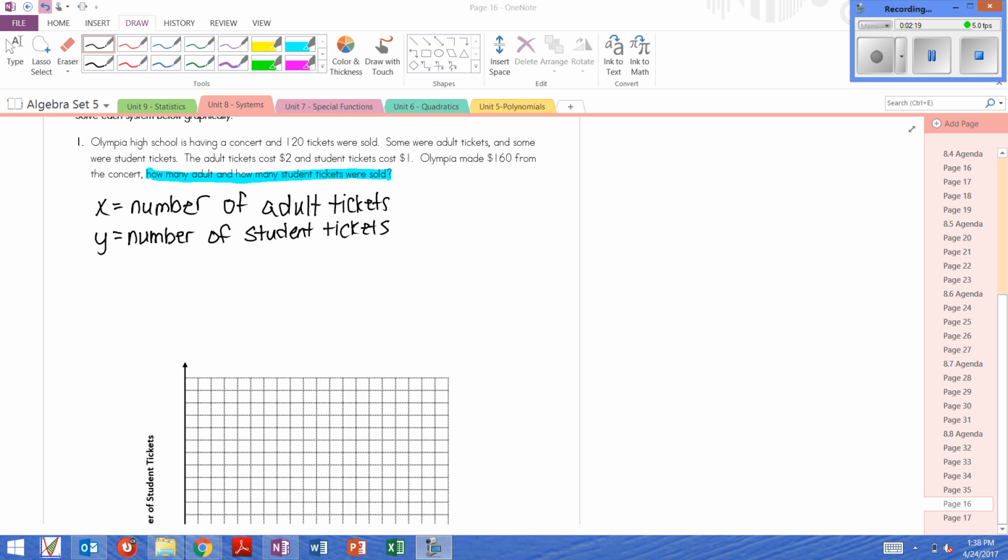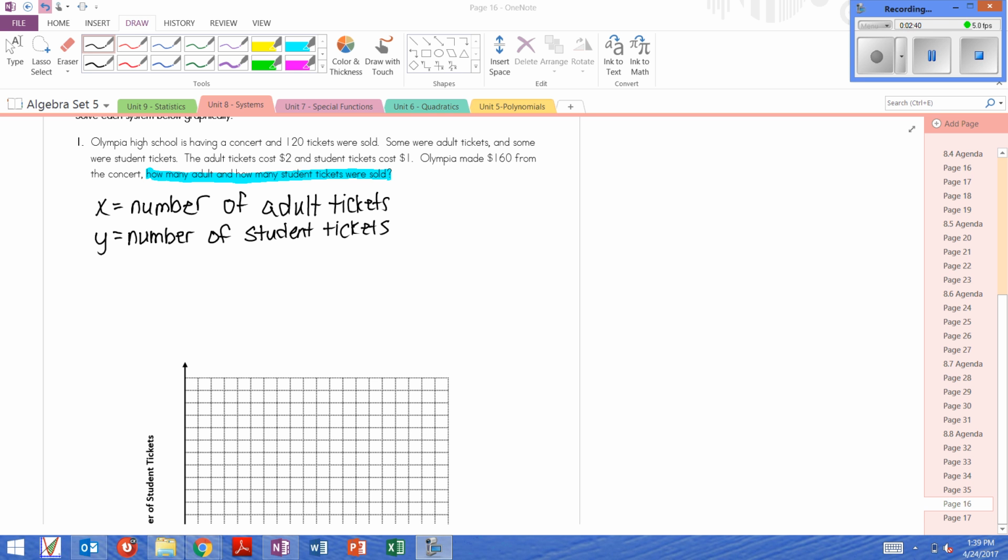Now that we know what our two variables are, anytime we bring in two variables means I either need to come up with two different equations or two different inequalities based on the context. So let's read into this question. There's numbers here that I haven't used yet, mainly money and tickets.